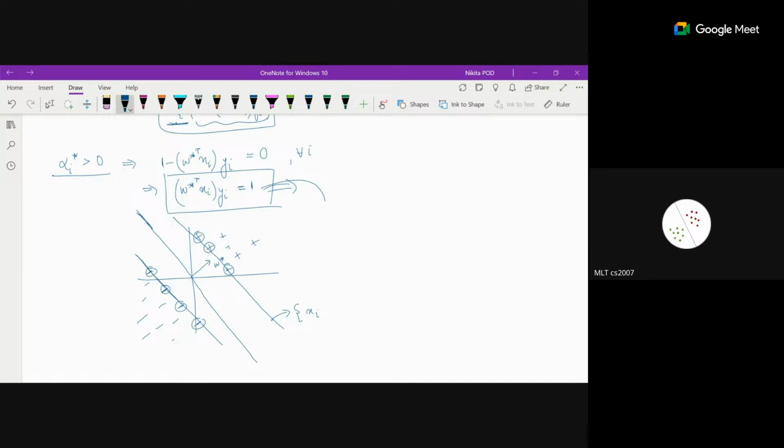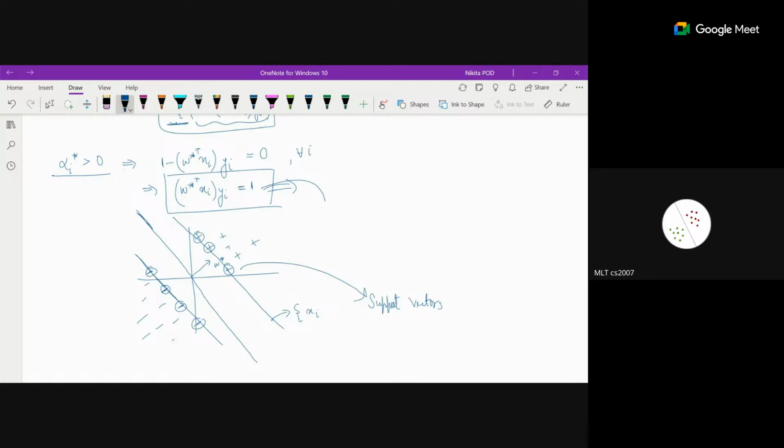The vectors which are lying on the margins are given a special name, and they are called the support vectors. Any point that you see on the margin is called a support vector.